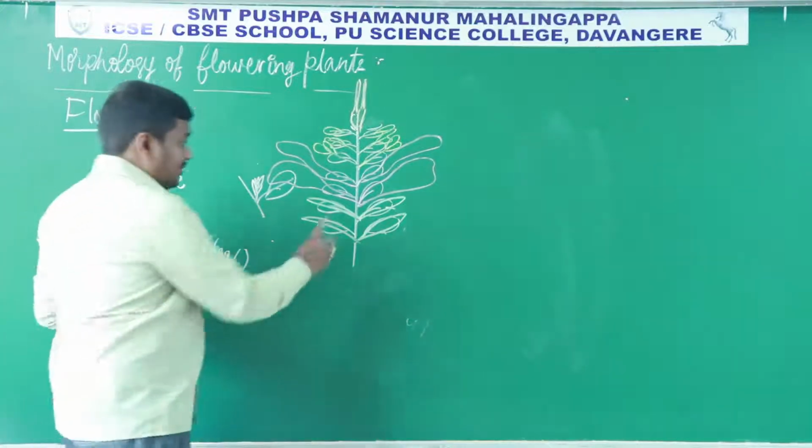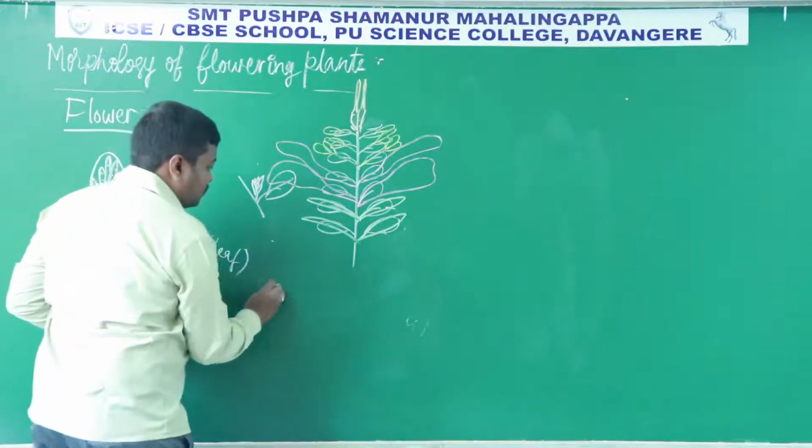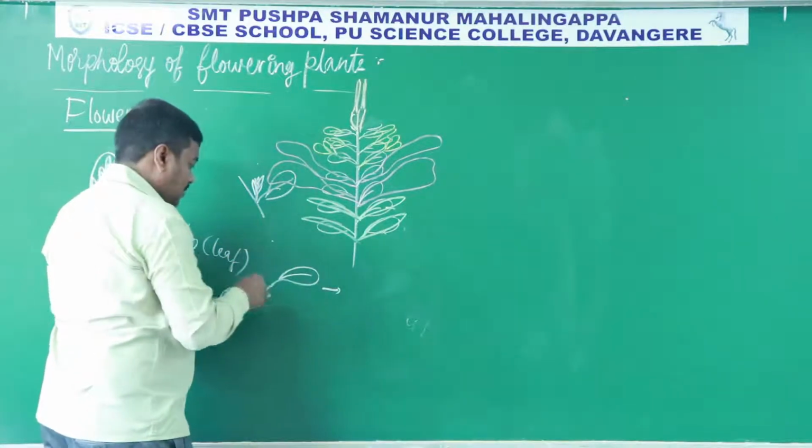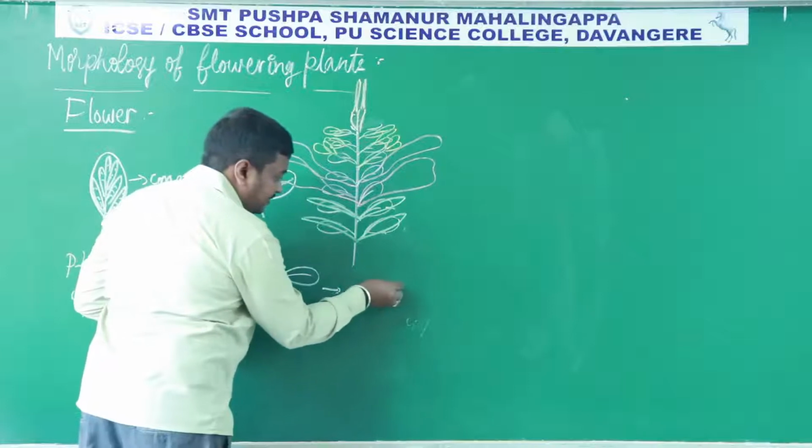Okay, now let me explain this. So base leaves, the leaves which are present at the base, they are modified like this.